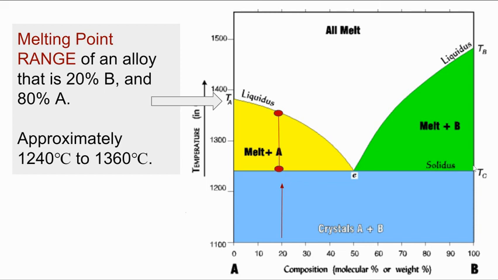So if we're talking about an alloy that is 20% B and 80% A, it's going to start to melt at the solidus line, 1240 degrees Celsius, and it will finish melting at the liquidus line, 1360 degrees Celsius.